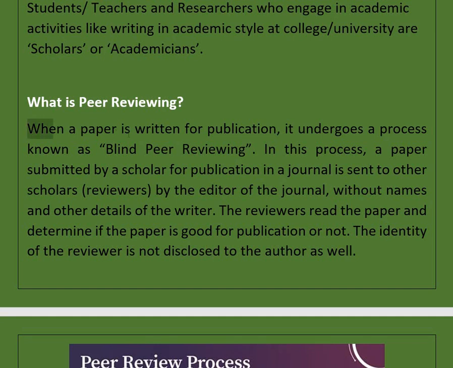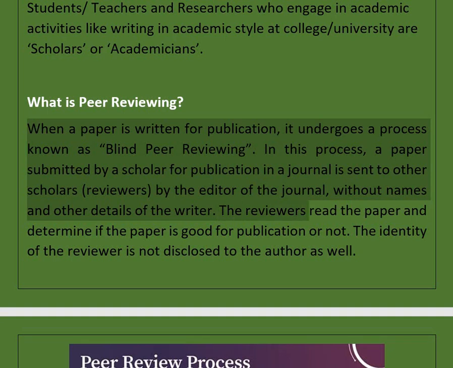Listen carefully. When a paper is written for publication, it undergoes a process known as blind peer reviewing. In this process, a paper submitted by a scholar for publication in a journal is sent to other scholars, who are also called reviewers, by the editor of the journal, without the name and other details of the writer.